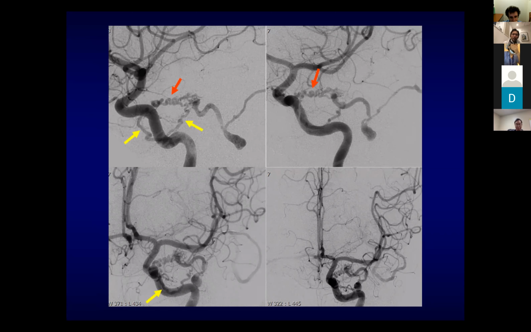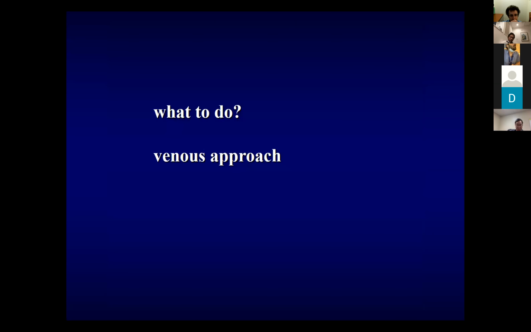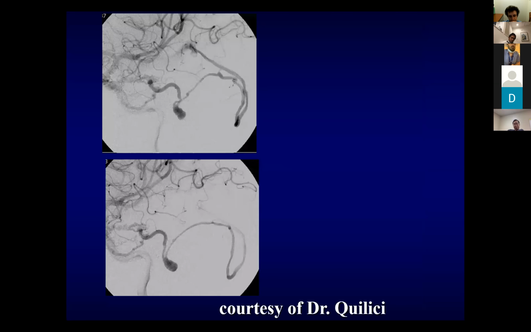The inferior lateral trunk could be better. It's not usually so easy to enter that trunk from the siphon because of the unfortunate origin. But so we decided maybe a venous approach would be better.